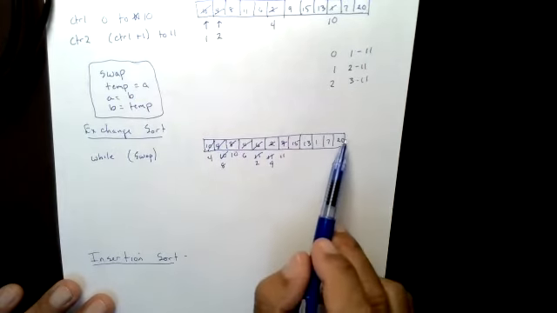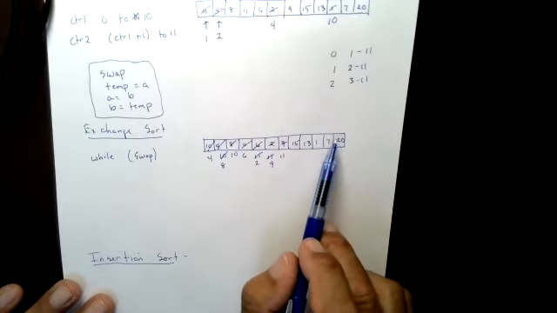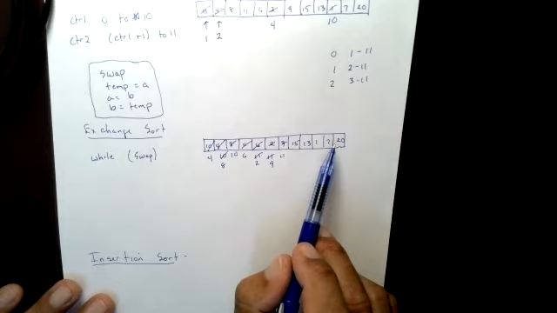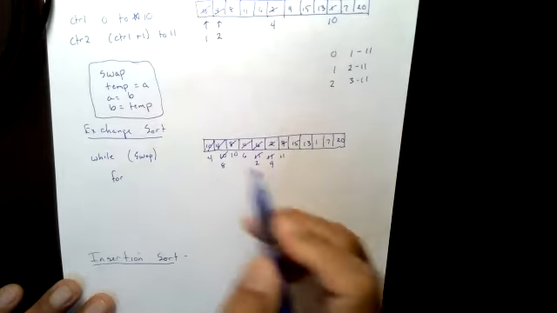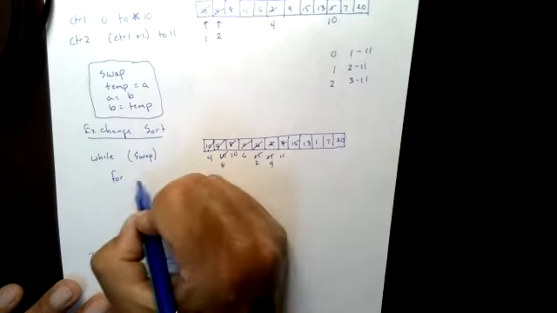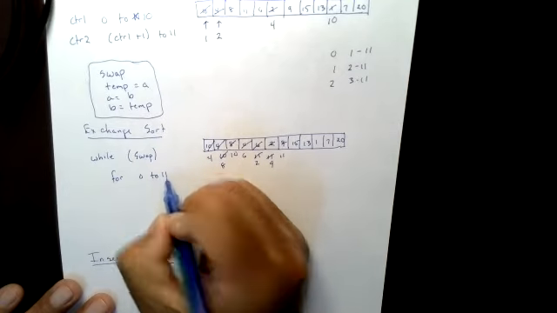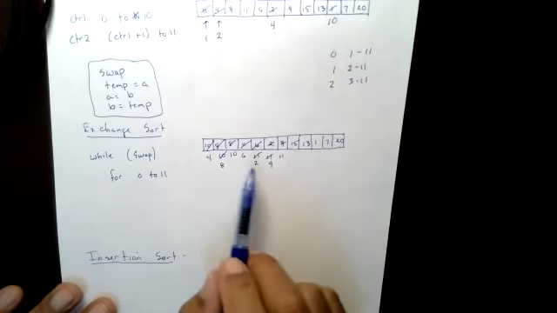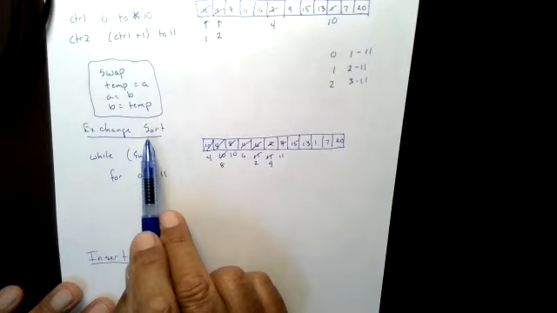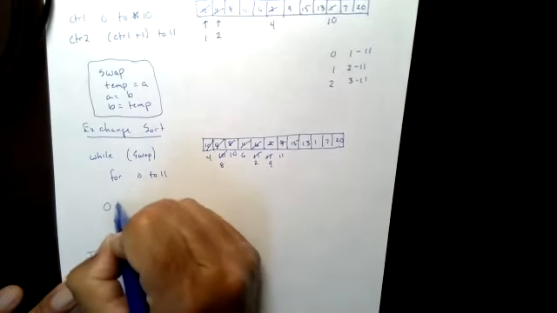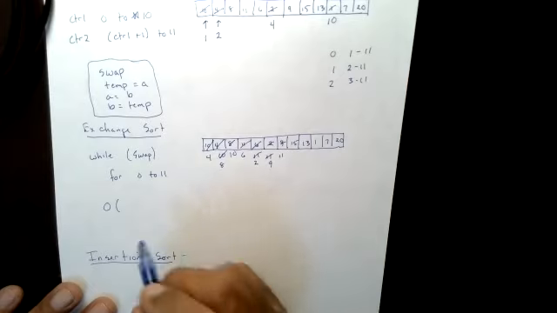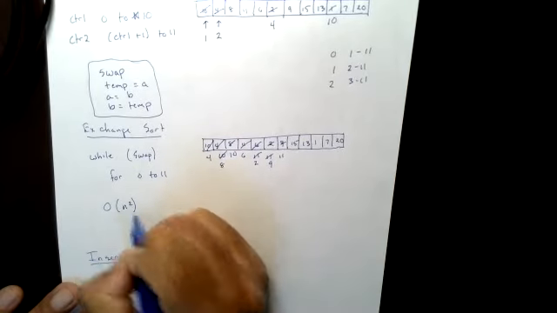I run through this keeping track, and if I swap something, I do it again. I have an inner loop that runs from 0 to 11, doing side by side exchanges. Here's a loop, here's a loop. What's big O for this one? It's N squared as well.